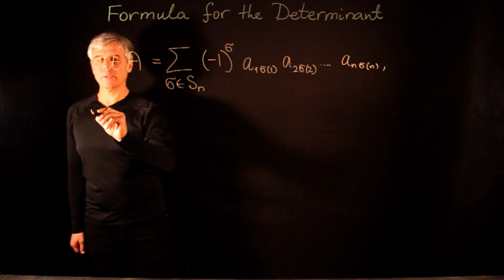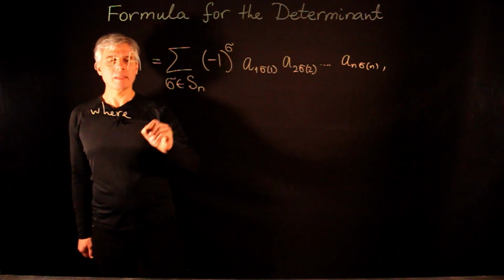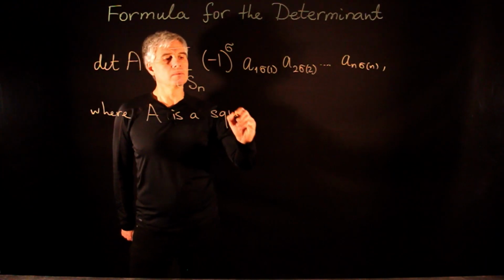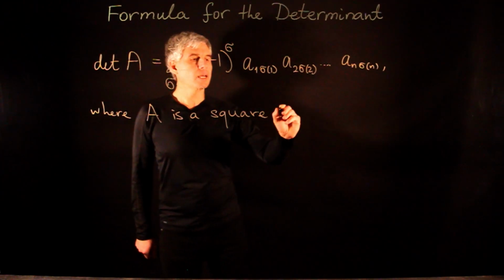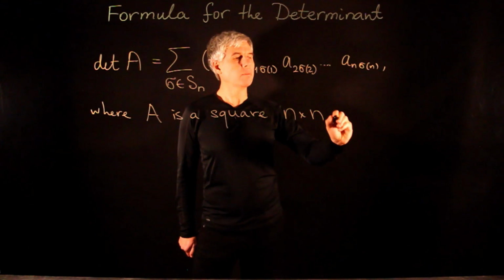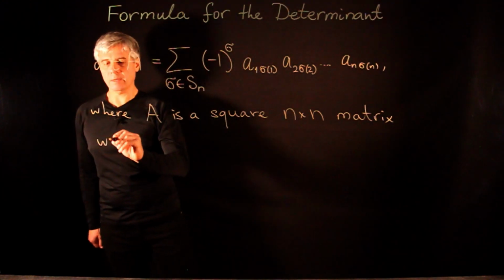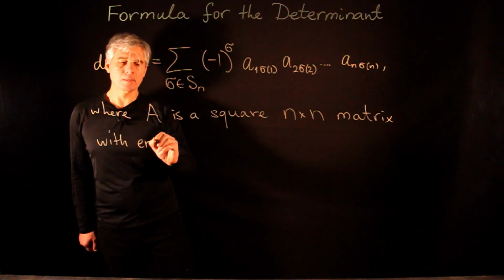Here, A is a square n by n matrix with entries aij.